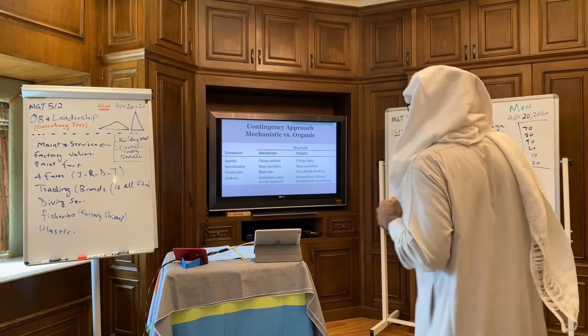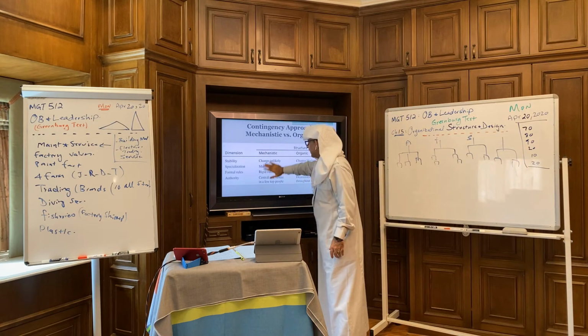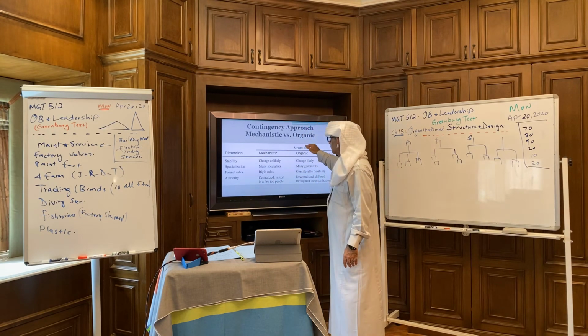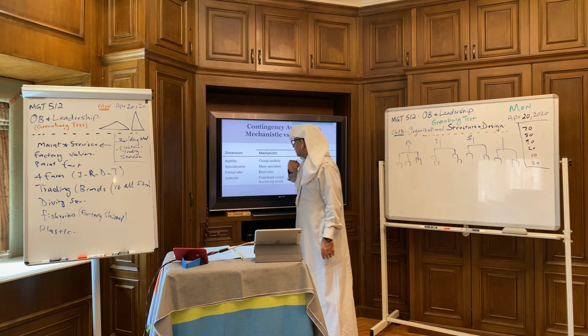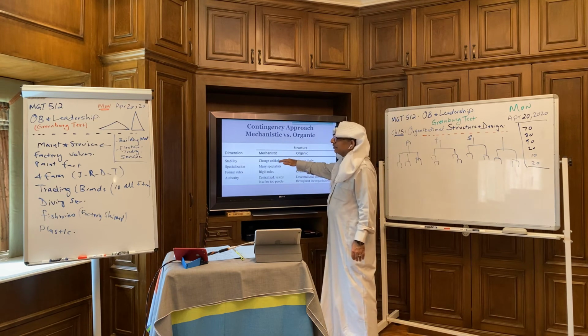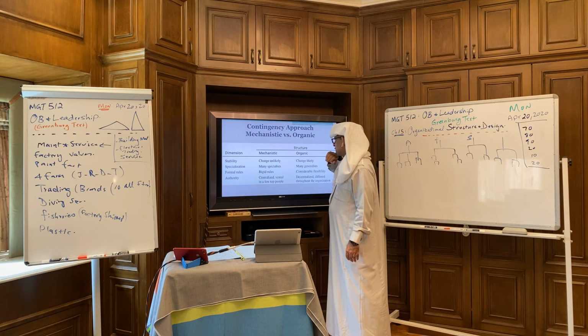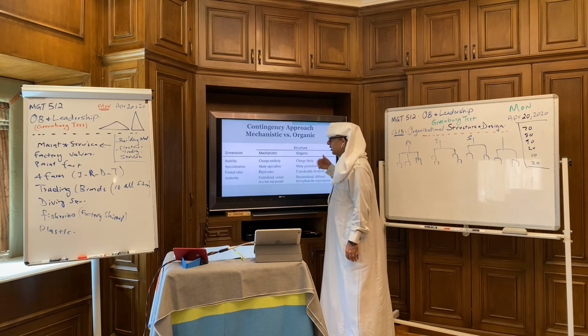Okay, by dimension, this is the mechanistic and this is the organic. The structure, in terms of stability: mechanistic is stable and unlikely to change, while for organic, change is likely.